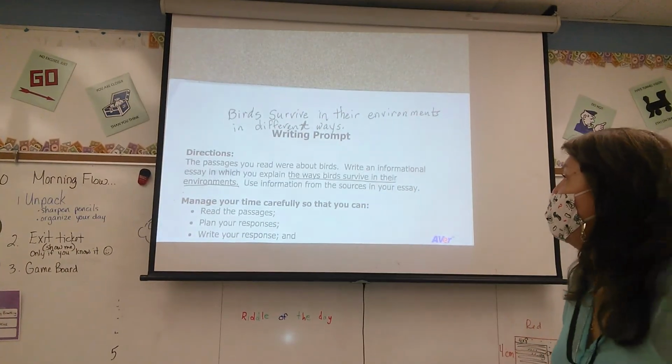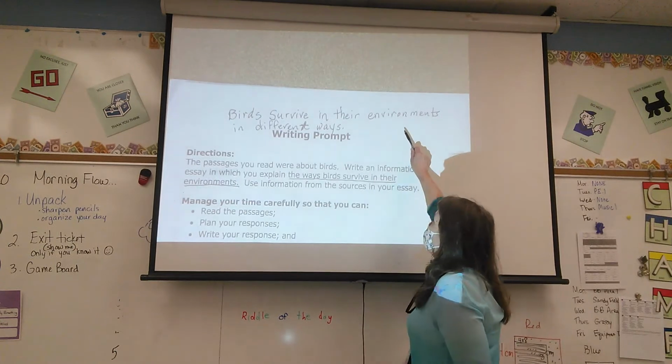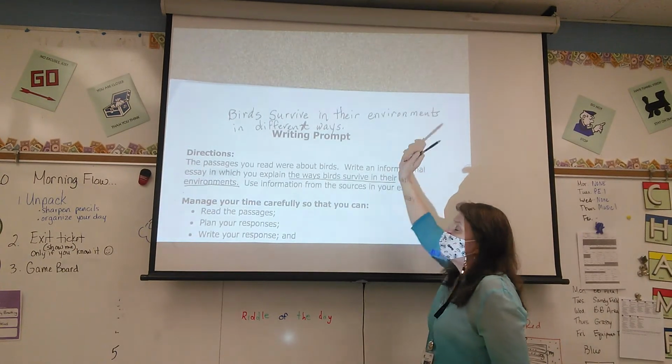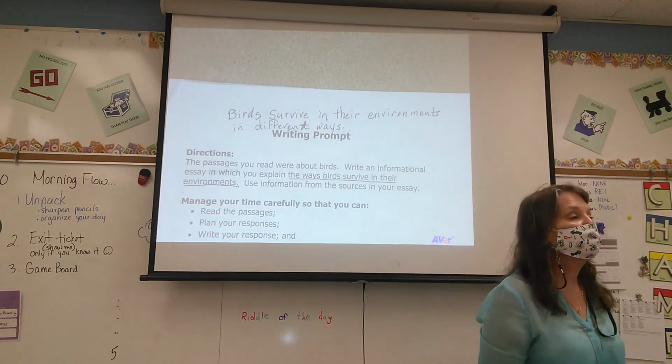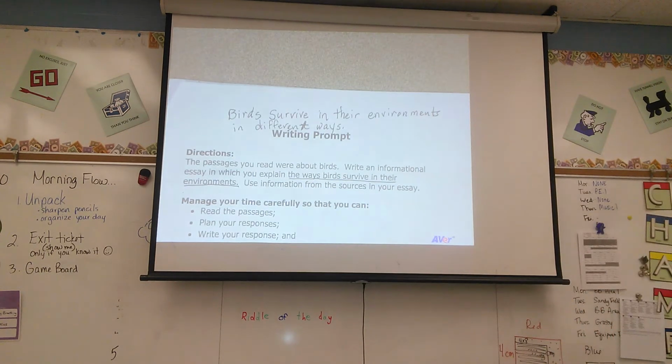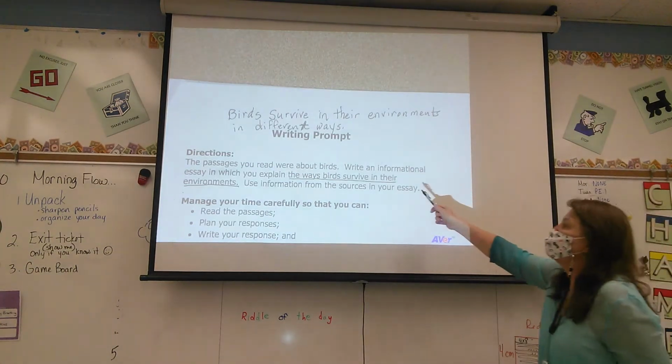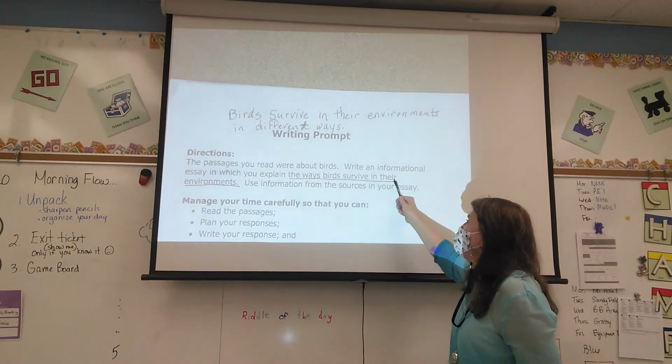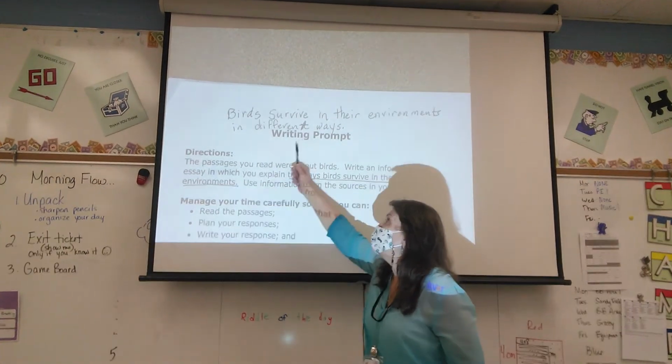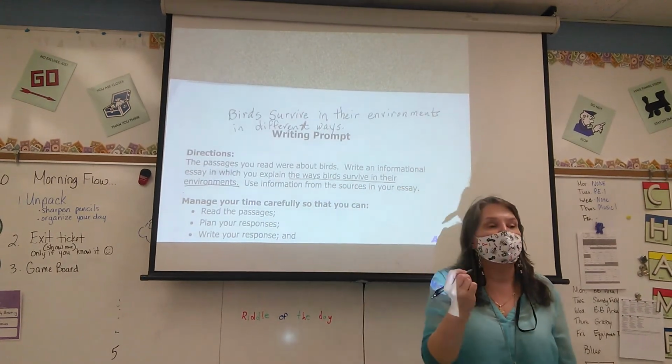Okay, so when we looked at our writing prompt, we went right ahead and we wrote a thesis statement right on that page. And we wrote it there because we wanted to make sure that we included some of the language that's in the prompt. We don't want to misinterpret the prompt.